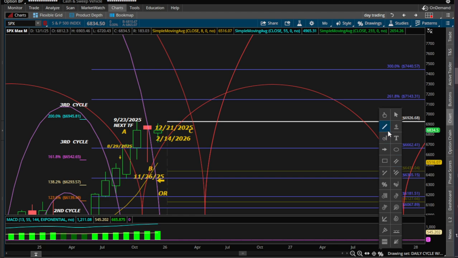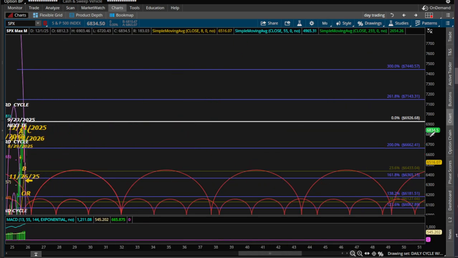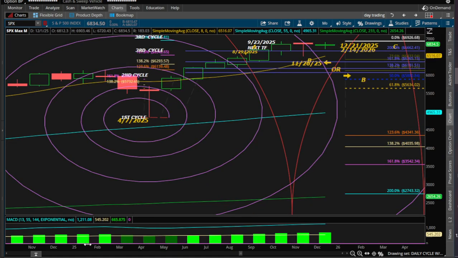But yeah, once those are complete, then I'm looking at an overall big dip in the market. So I'm trying to find which drawing I have here. It shows everything.